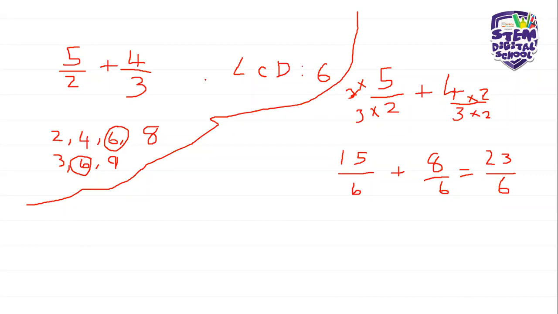Because for example, if we're going to go into simplification, you see 23 over 6, we're first going to have to change it into a mixed fraction at the end.